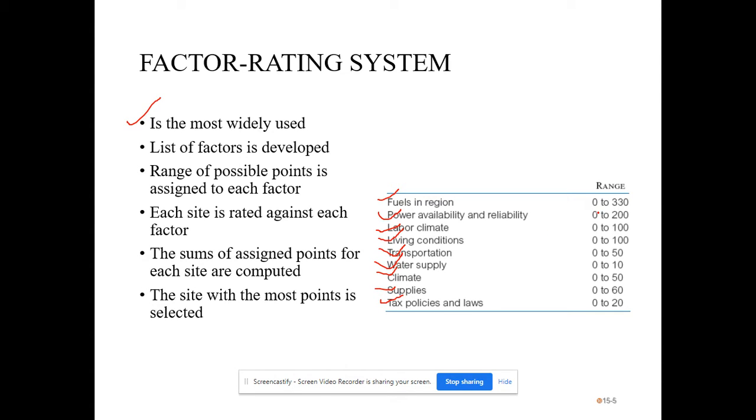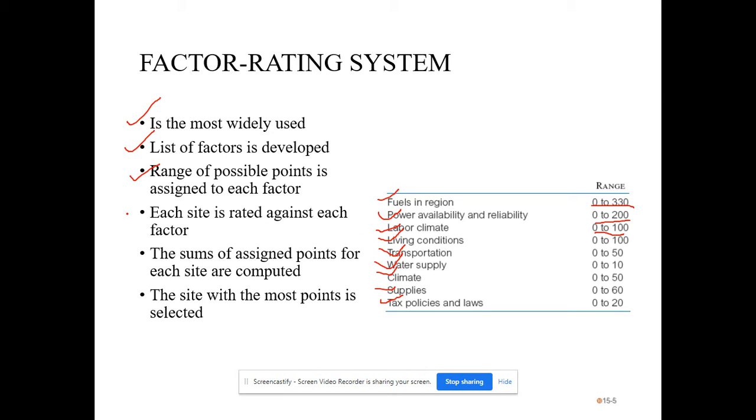So you decide on the scale, and then you rate. So a list of factors is developed, and then a range of possible points is assigned to each factor. You look at the range here, like for fuel 0 to 330, for power 0 to 200, for labor availability 0 to 100.